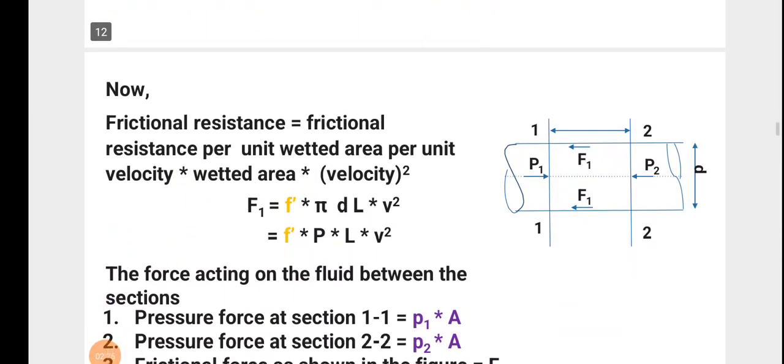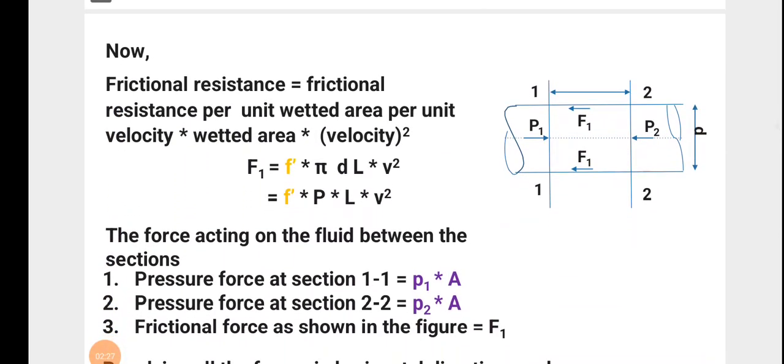Okay, now let us talk about frictional resistance. It can be written as frictional resistance per unit wetted area per unit velocity squared into wetted area into velocity square.